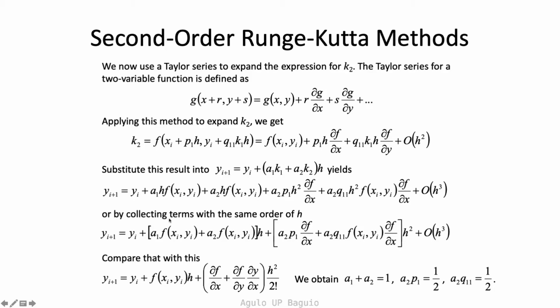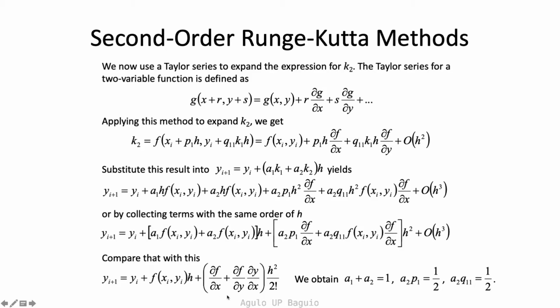Now if we collect terms with the same order of h, so this is h to the first power, this is h to the first power, this term is h to the second power, this term is h to the second power, we have y sub i plus 1 is equal to y sub i plus h multiplied by this term and h squared multiplied by this term. Now we compare this equation to the equation that I asked you to write a while ago.